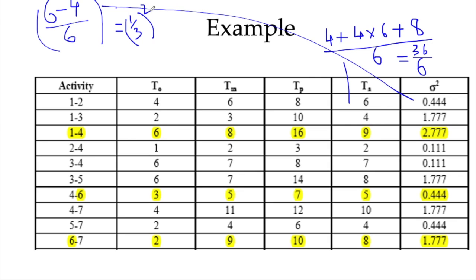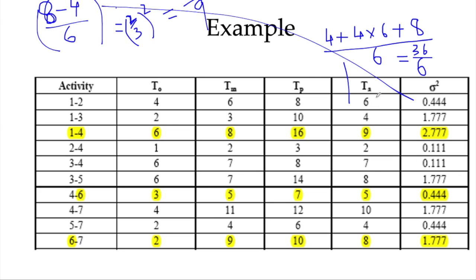Sorry, it's not 6, it is 8. So this is 2 by 3, whole square. This can also be written as 4 by 9, and if you convert it to decimal, you will get 0.4444, and so on for all the others.